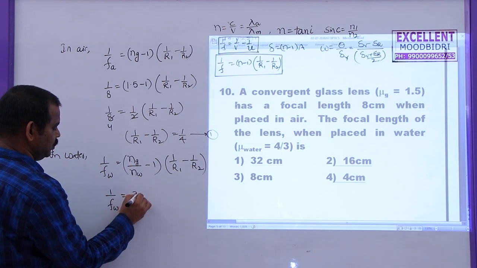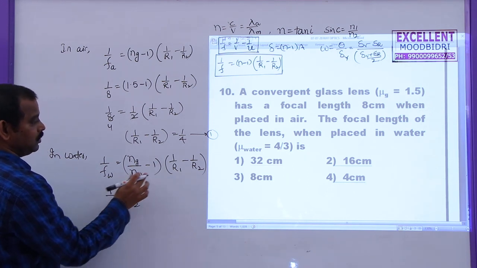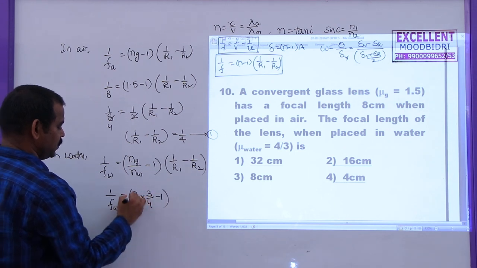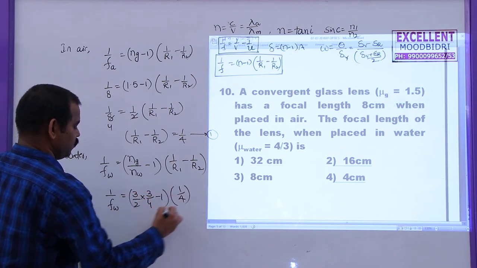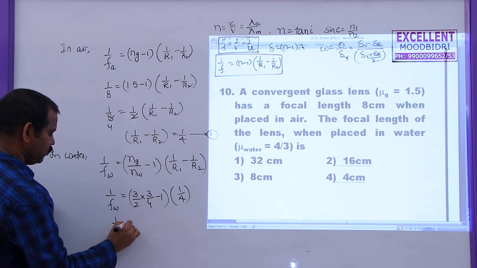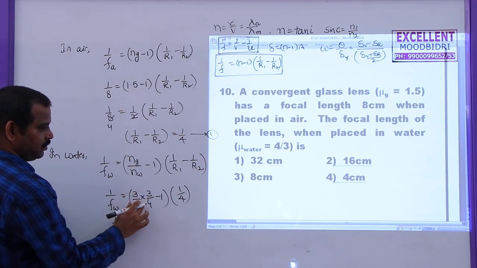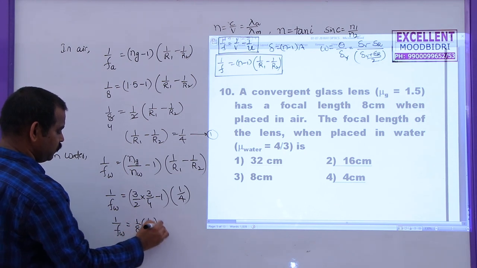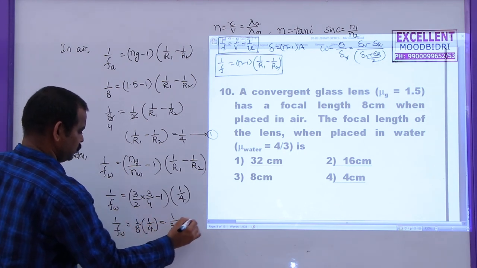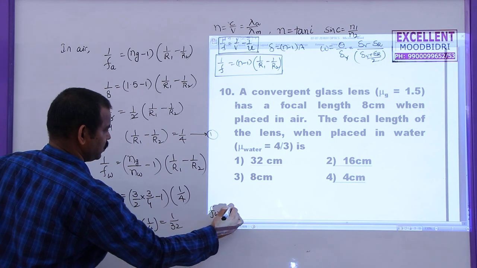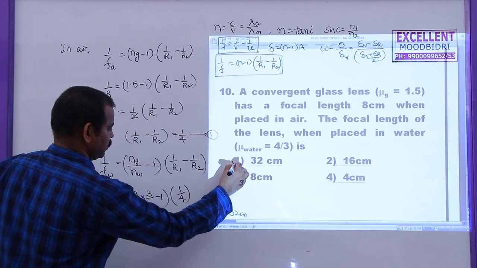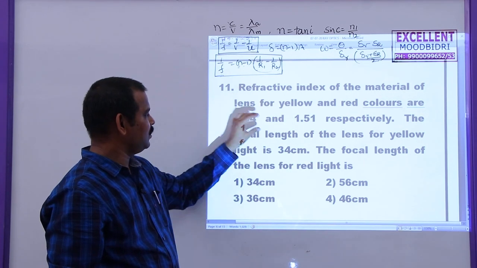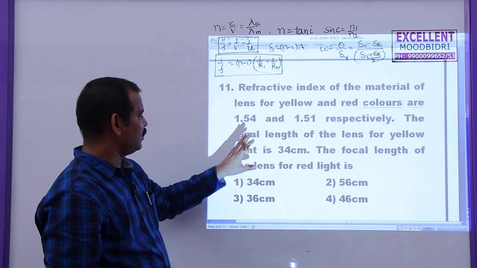Let me take it as 3 by 2. For water this is 4 by 3, when it goes up, 3 by 4, minus 1, and this value is 1 by 4. So 1 by focal length in water is, this is 9 by 8 minus 1, that is 1 by 8, into 1 by 4. This is 1 by 32. So focal length in water is 32 centimeters. Option 1 is correct.